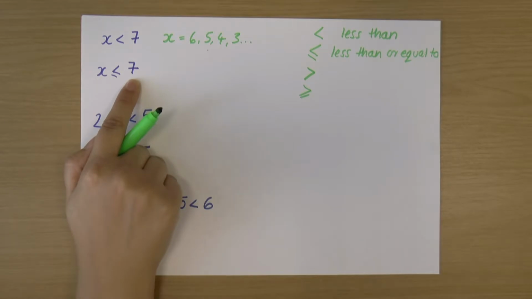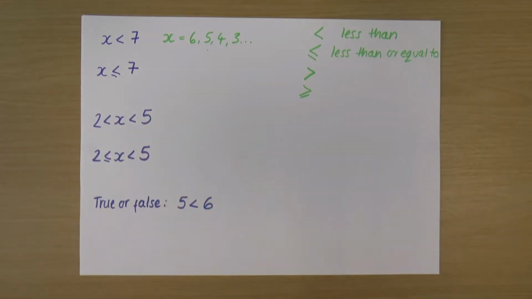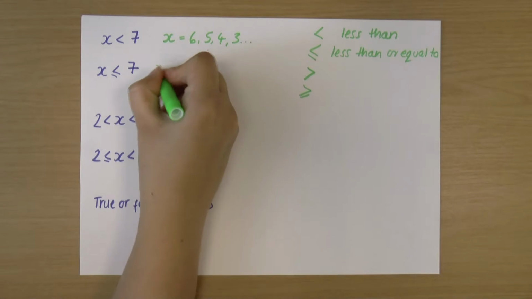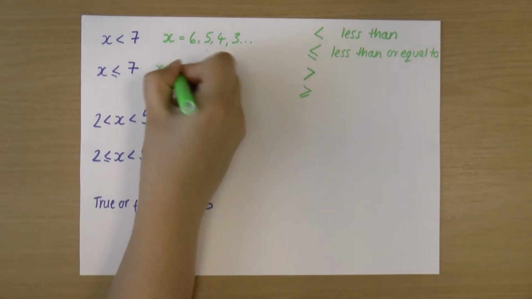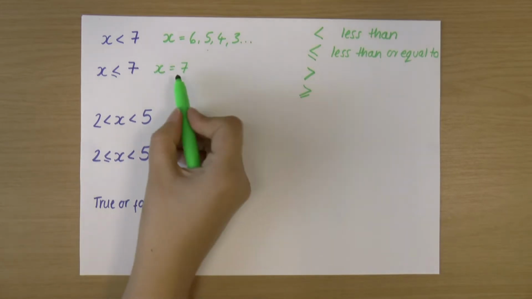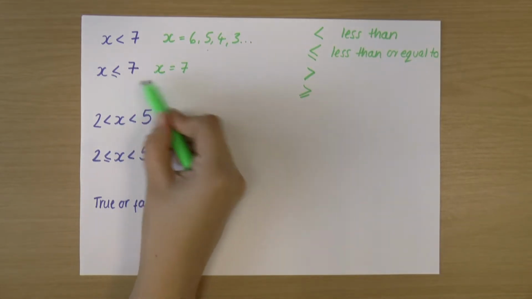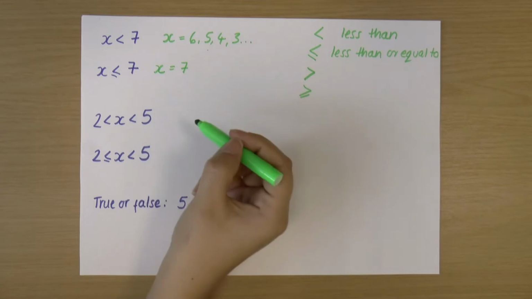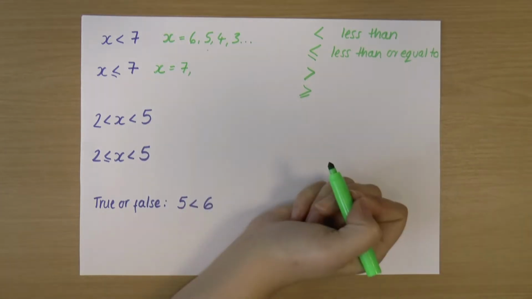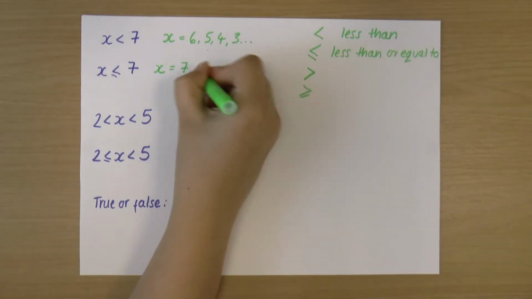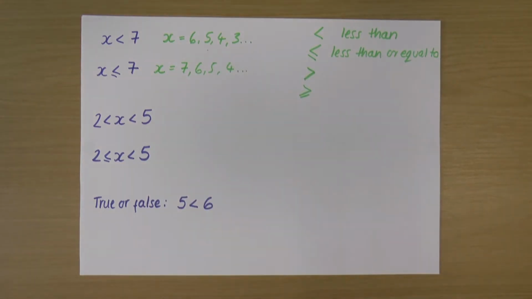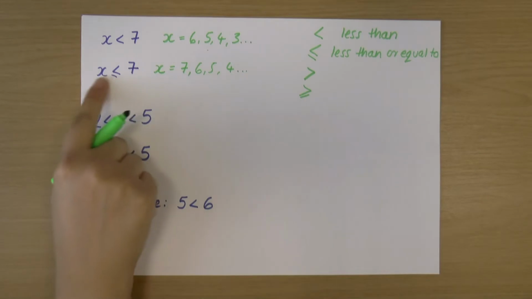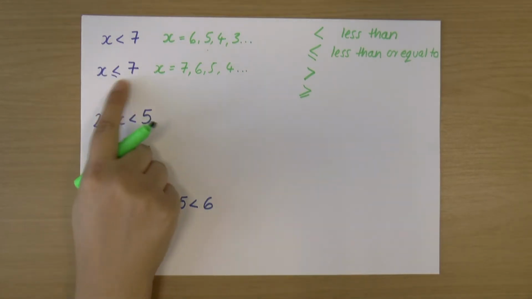So we're being asked to find some values that are less than or equal to 7. And that or is important. So 7 is less than or equal to, because it's equal to 7. And then we've got our usual ones that are less than, so 6, 5, 4, etc. All the numbers that are less than. So it's very similar to the less than, we're just including the number.